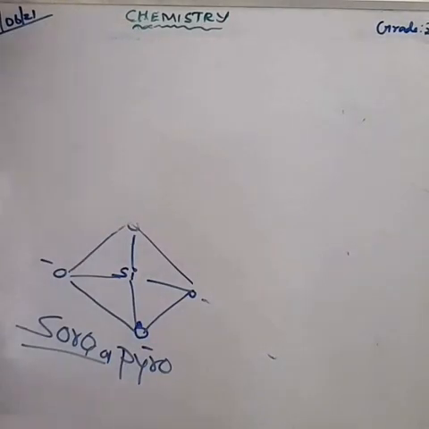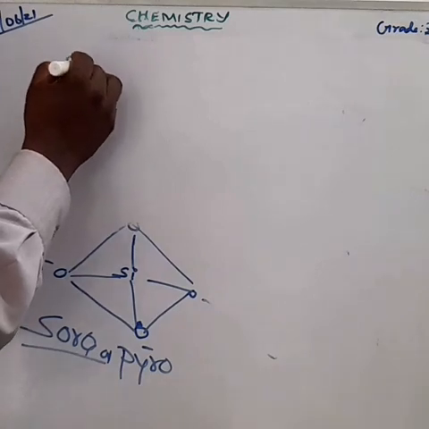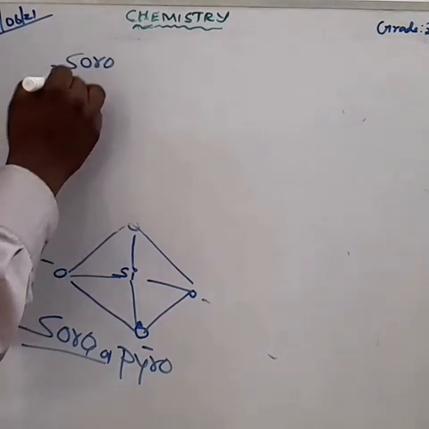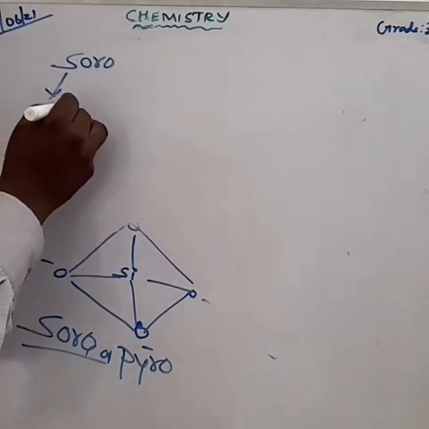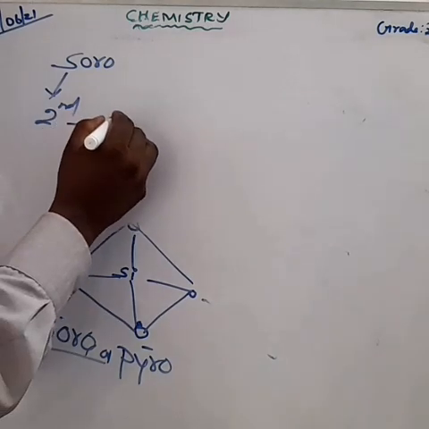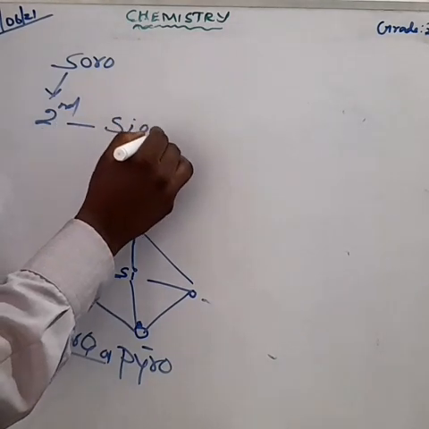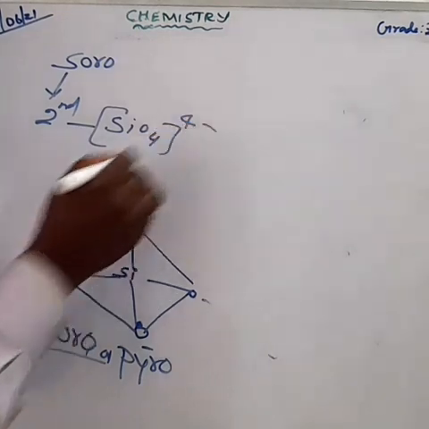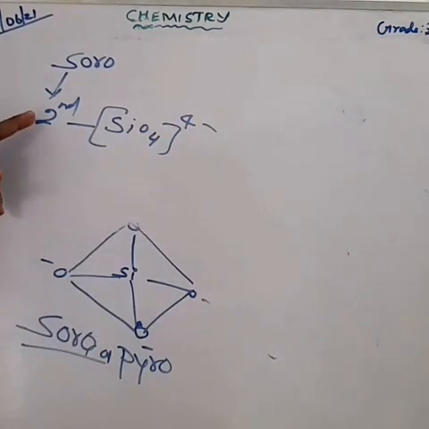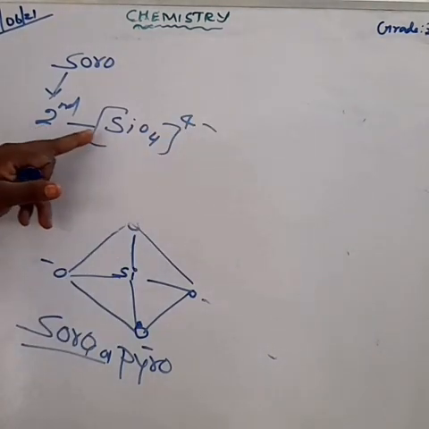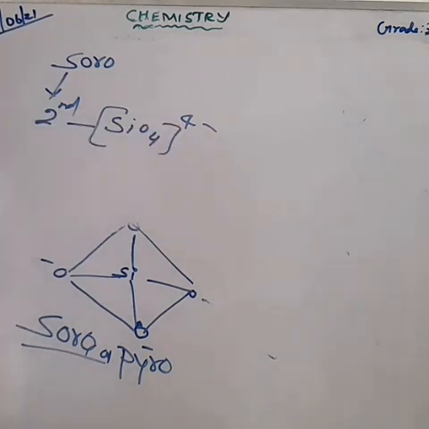Second type silicate. Second means 2. Second type silicate, 2 means it contains 2 SiO4 4 minus units. This type of silicate contains 2 SiO4 4 minus tetrahedral units.